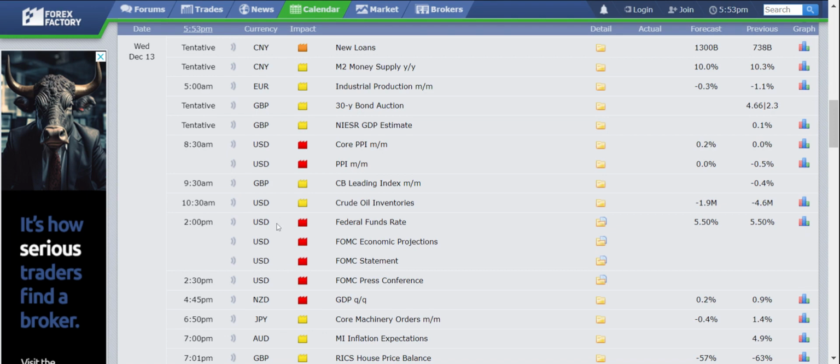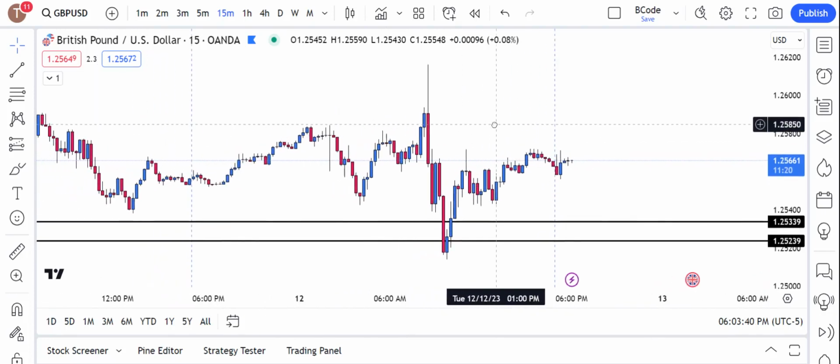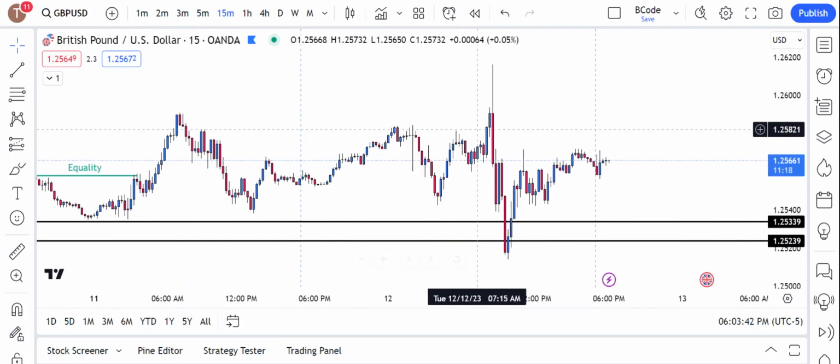We're coming off of NFP week last week, non-farm payroll. That's everyone who works in the United States that does not have anything to do with farming. We came off of that last week, and we came into federal funding rates as well as FOMC economic projections and statements. And those things had a lot to do with the movement that happened today.